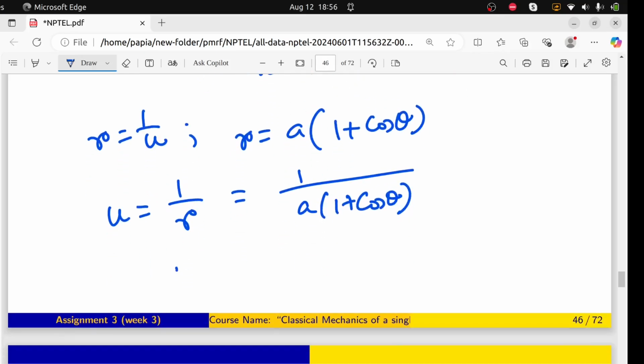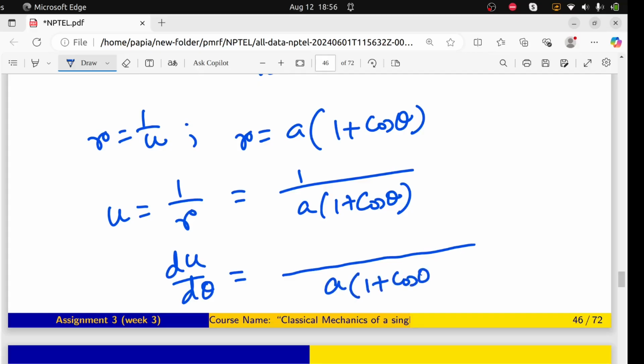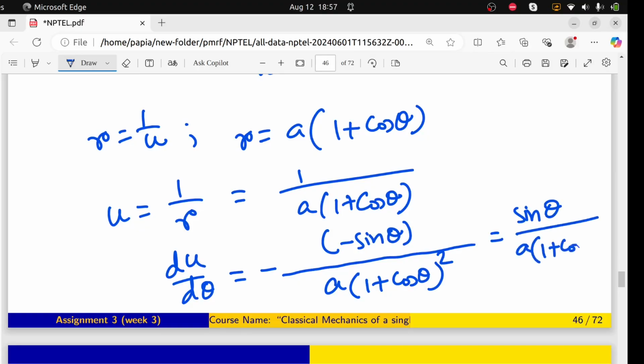Then we will do du d theta. So for that I can see here the answer is minus, square, minus sin theta. So this is sin theta divided by a times 1 plus cos theta whole square. So this is du d theta.